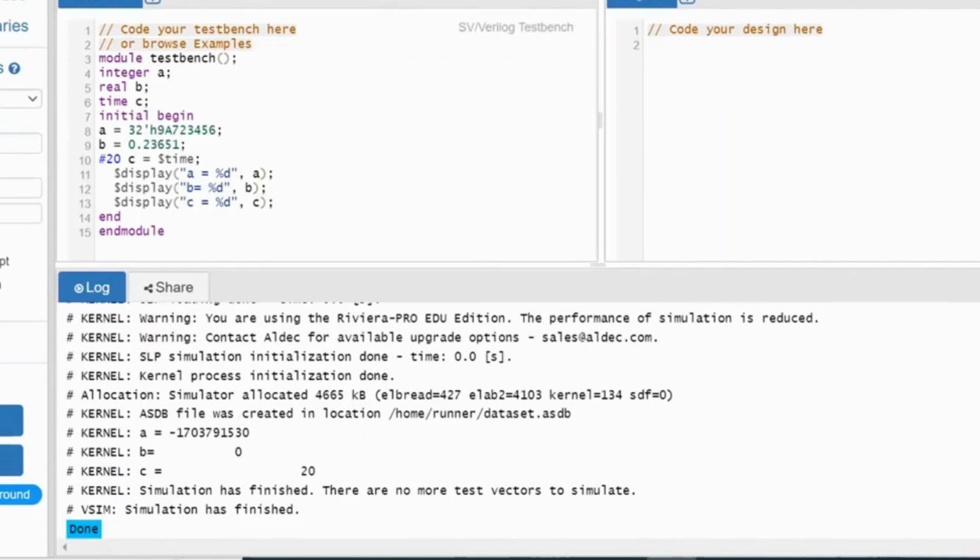If you observe here, A equal to 32-bit data. We have taken it in decimal, and the decimal value is printed accordingly. Here is the float value; again we took decimal.